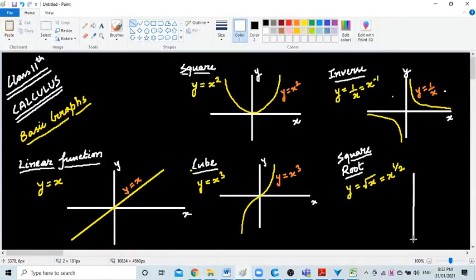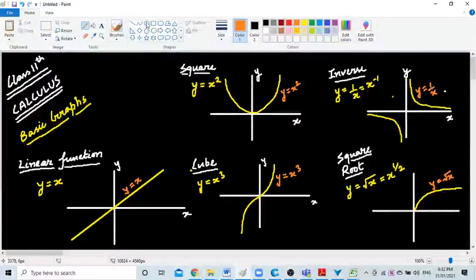Now if we represent it over here, this can be represented like this. Fine. And you can write it as y equals under root x. Okay, over here this is the x-axis and this is the y-axis.